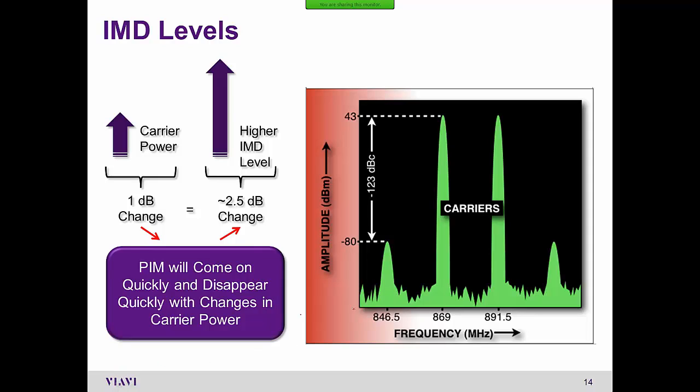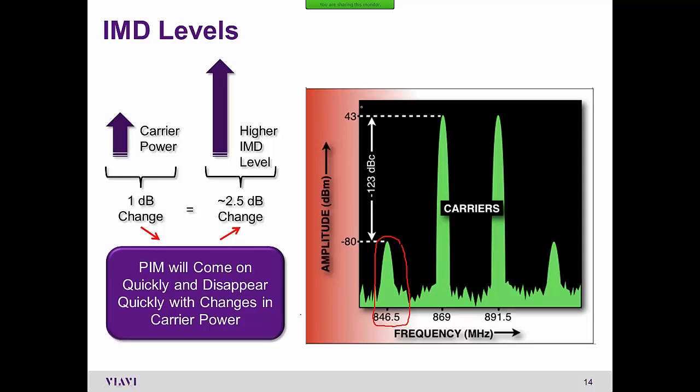So I can measure the power at this frequency, 846.5, which is the distance difference between these two carriers below the carrier. And that power then is deemed as the amount of PIM you have. And it's usually a relative measurement relative to the carriers. So two carriers at 20 watts would be 43 dBm.